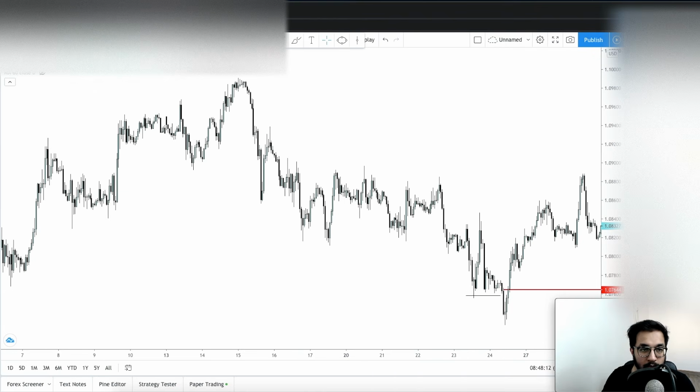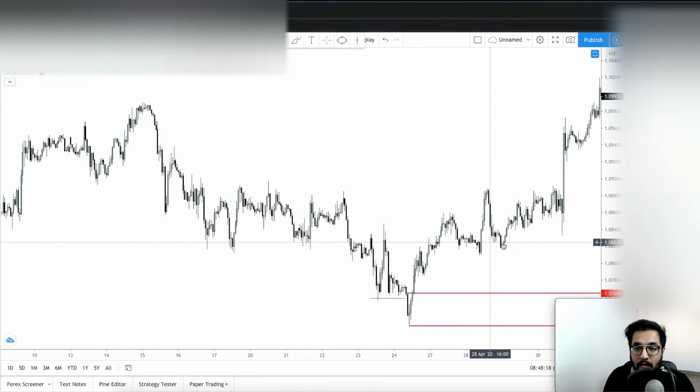We are supposed to take a trade in this zone, somewhere in here, whenever the market comes back, given that the market actually follows our criteria, which is the breaker, market structure, impulsive move, engulfing price action, all that good stuff.